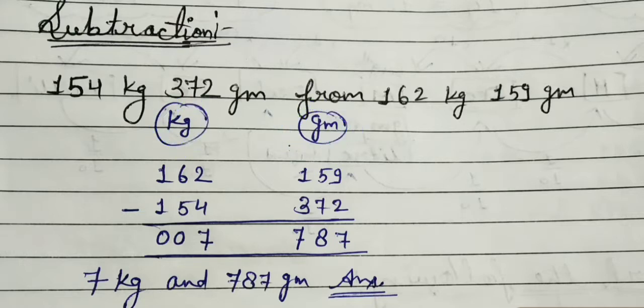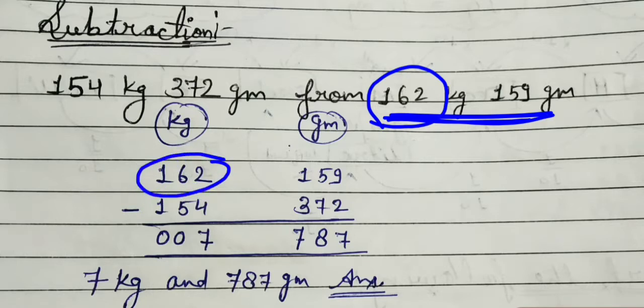Now you can see here we have to subtract the first part from the second part. It means that first we have to put this one. So 162 kilogram, put here 162 below kg, and this 159 gram below gram. Is that clear?